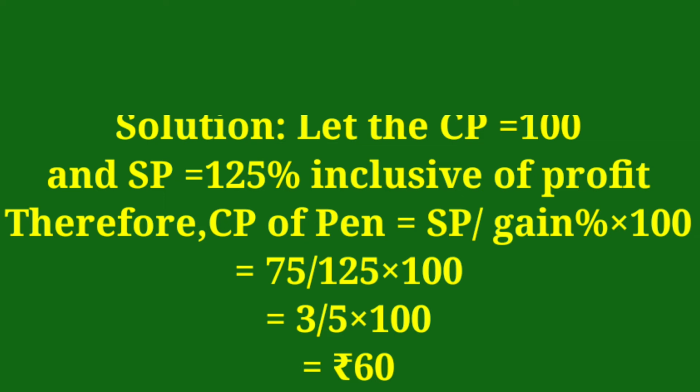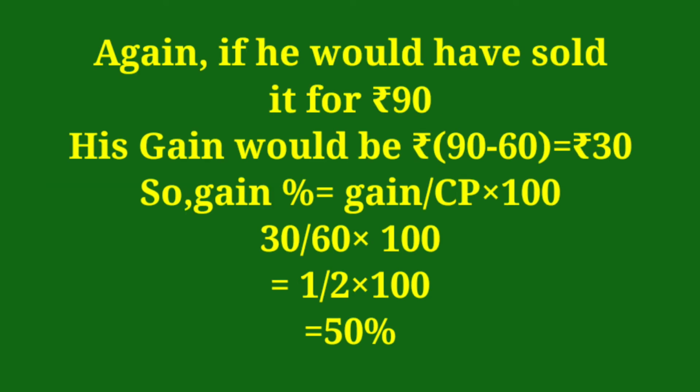So your cost price is rupees 60. And now you wanted to make more profit by selling for 90 rupees. So what would be the gain percentage? That was our next concern. Again, if he would have sold it for rupees 90, his gain would be rupees 90 minus 60 equals rupees 30.